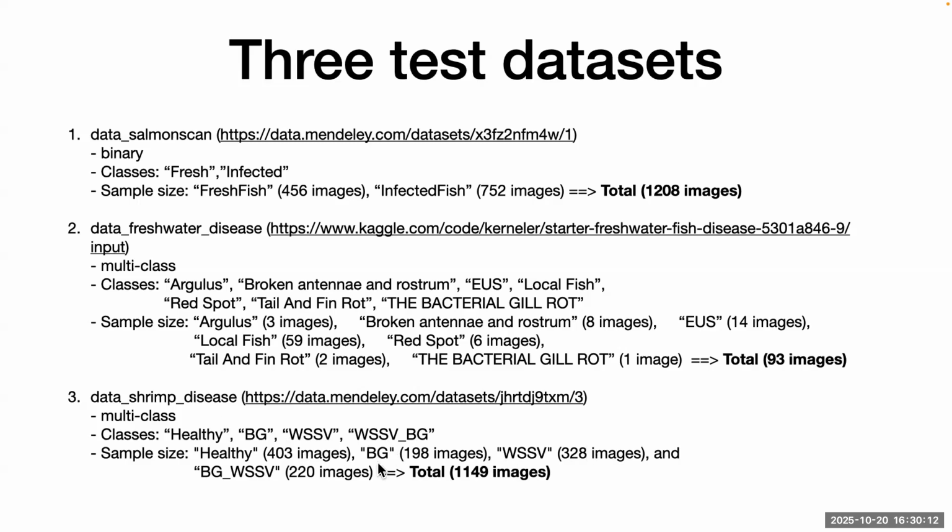And as you see, classes are again not balanced, and mostly the healthy class is dominant, and this WSSV, these are the dominant classes. So it's a hard task. The first task is relatively easy, but the other 2 data sets are both multi-class and heavily imbalanced.